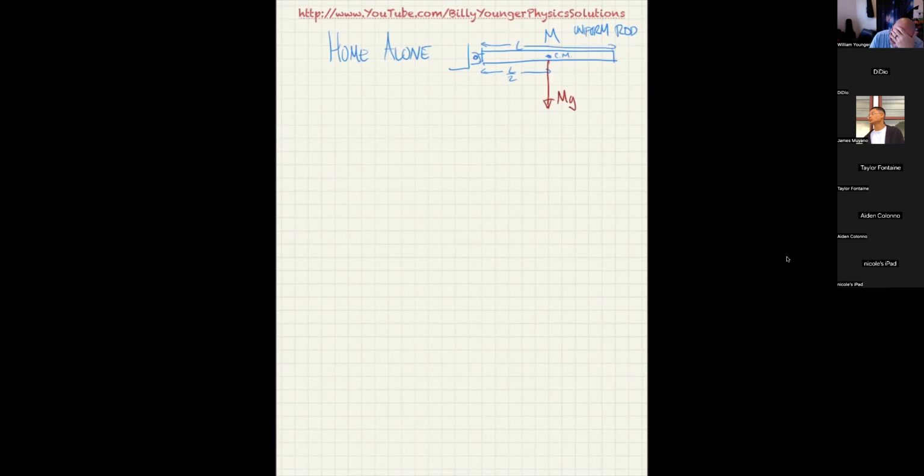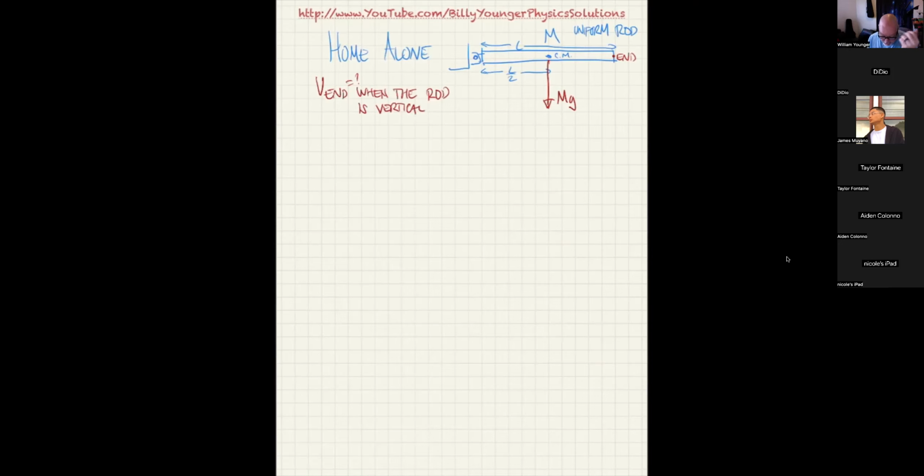Okay. What I would like to know is what is the velocity of the end when the rod is vertical? Okay, so that's our question.